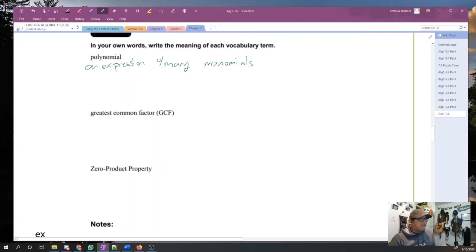Greatest common factor, I'm sure we can talk about, is the largest integer that divides into a pair of numbers.